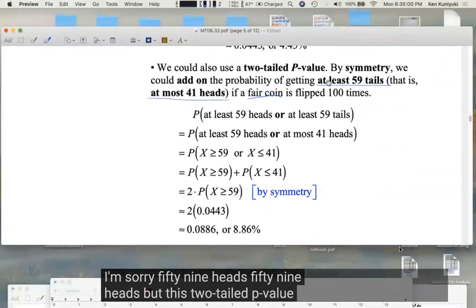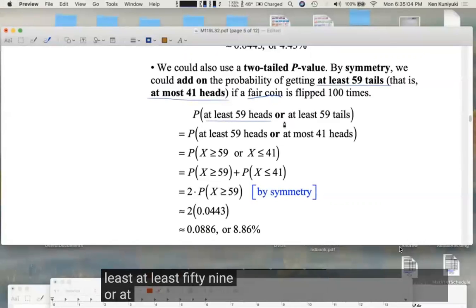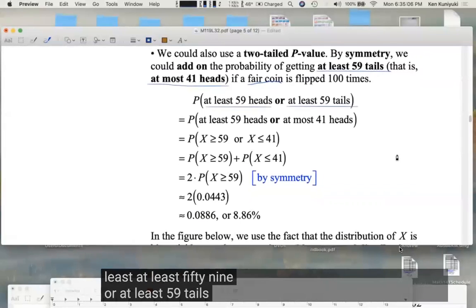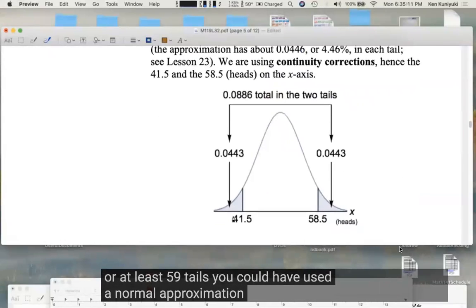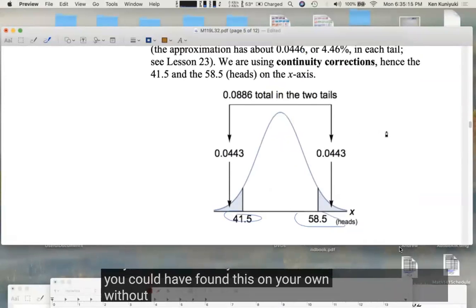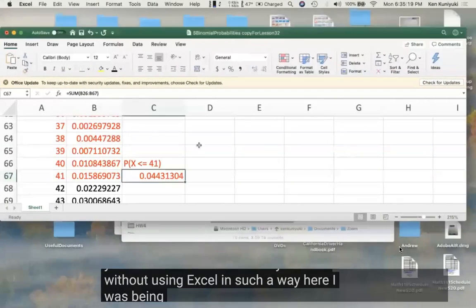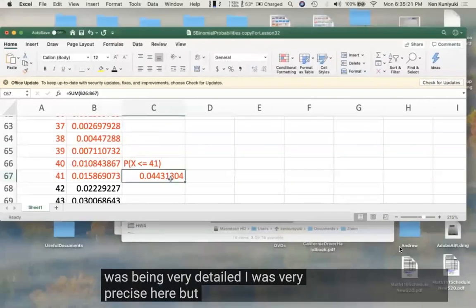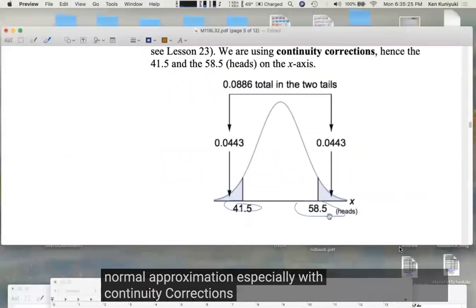But this two-tailed p-value considers the probability of getting at least 59 heads or at least 59 tails. You could have used a normal approximation, maybe with continuity corrections, and you could have found this on your own without using Excel in such a way. Here, I was being very detailed. I was very precise here, but you could have used a normal approximation, especially with continuity corrections. That's nice.